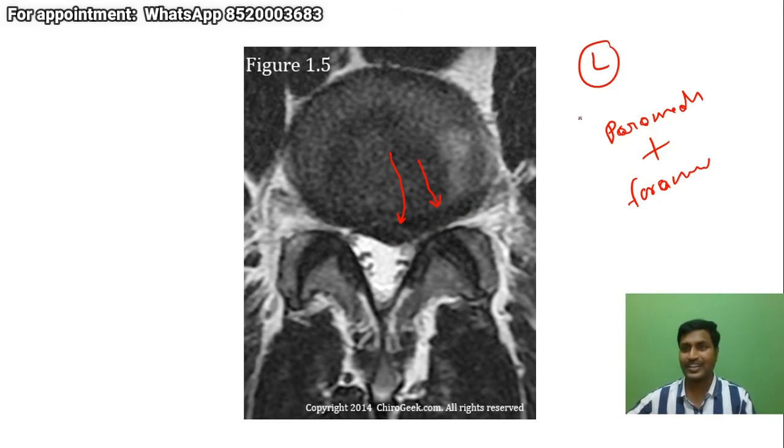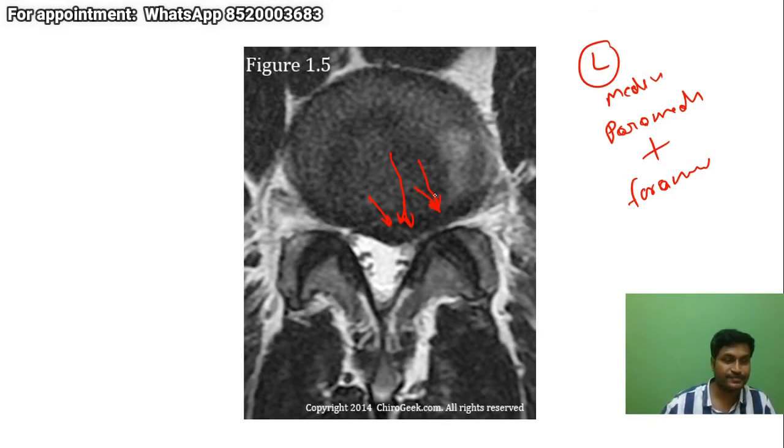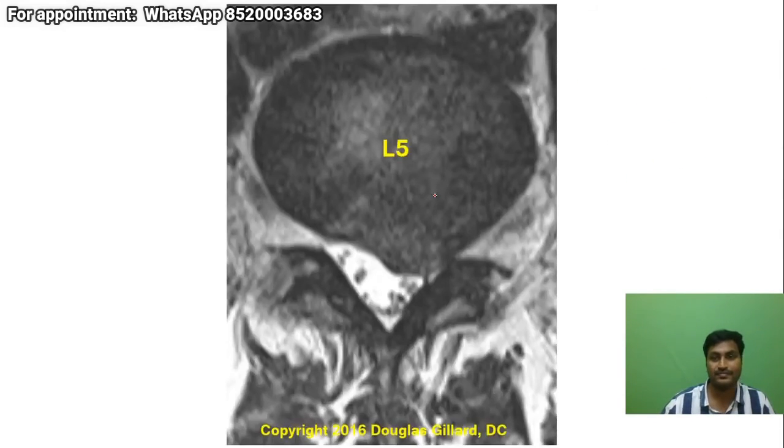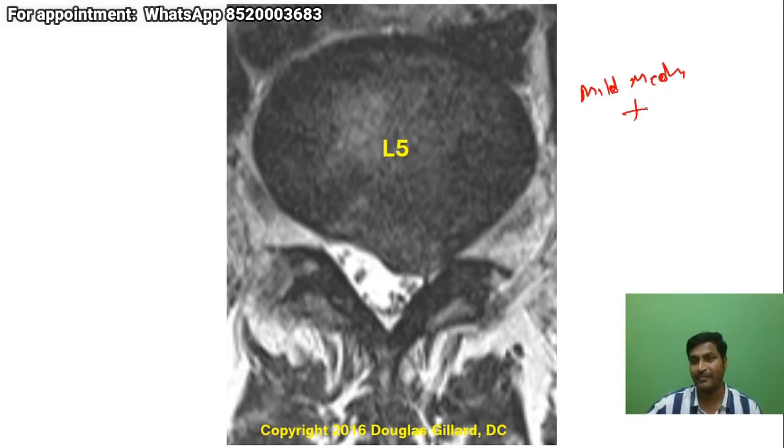So there is also median actually. There is a big disc bulge. There is a median bulge, there is a paramedian bulge, and there is also a foraminal bulge. So this patient has a single fragment which is at all the three levels. This one. Same. Mild median, very big paramedian, and foraminal.